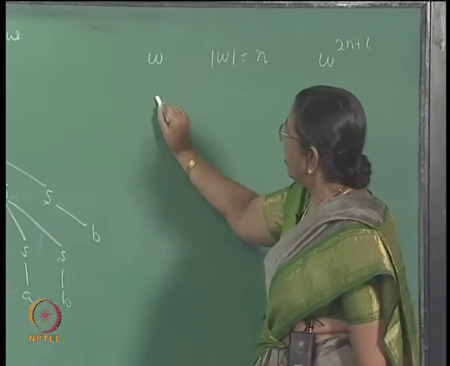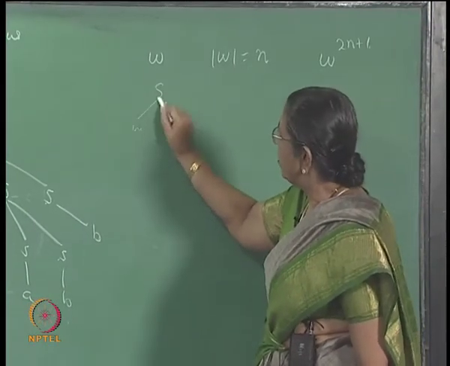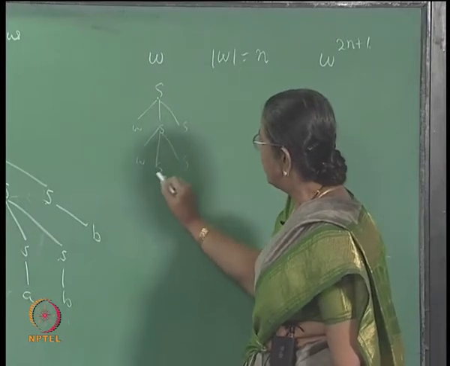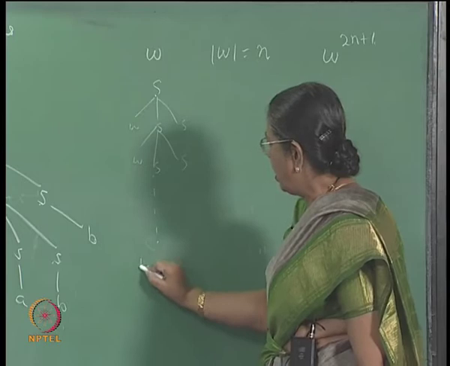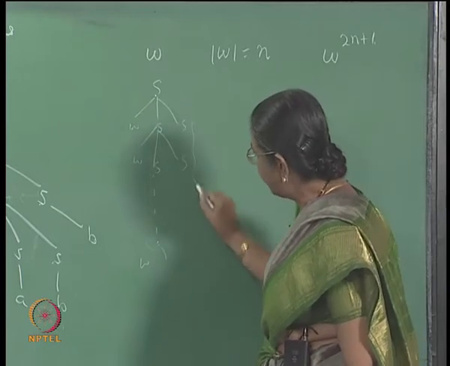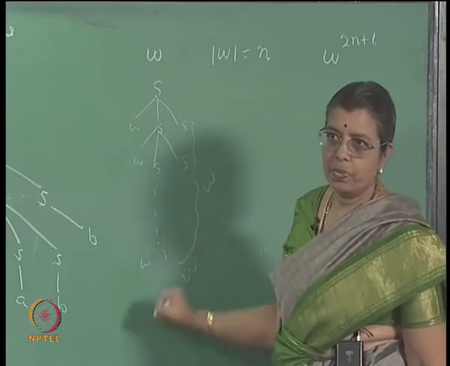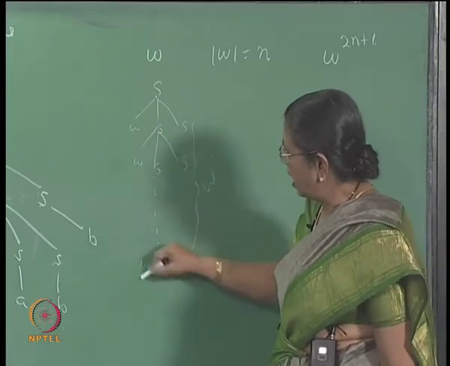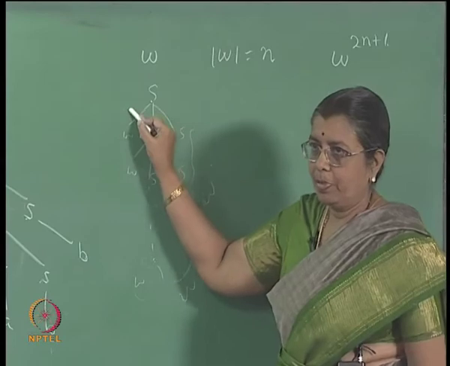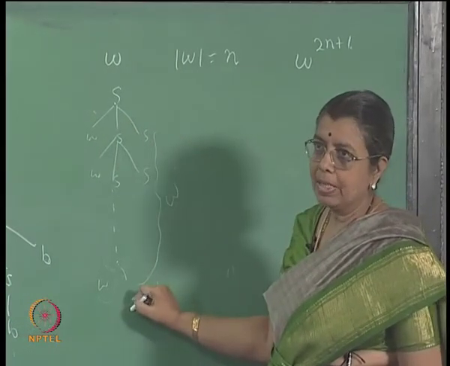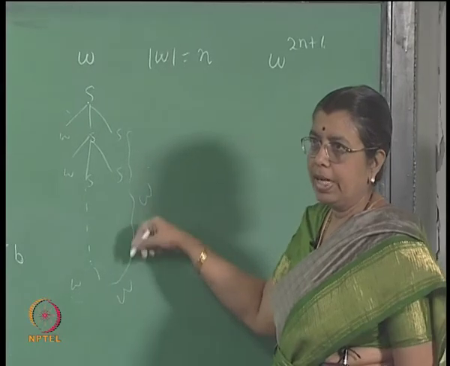In one way you can derive S goes to WSS, WSS and so on, and finally these S's should contribute to 2 W's. Here you will generate 2n minus 1 W's, and this will generate 2n symbols, that is 2 W's, we can generate them.